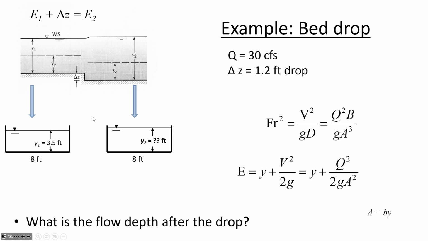So the flow per unit width is 3.75 feet squared per second. We just say that we want to know, for every one of the feet of the 8 feet wide, how much flow per unit width is it carrying? 3.75 is the flow per unit width.